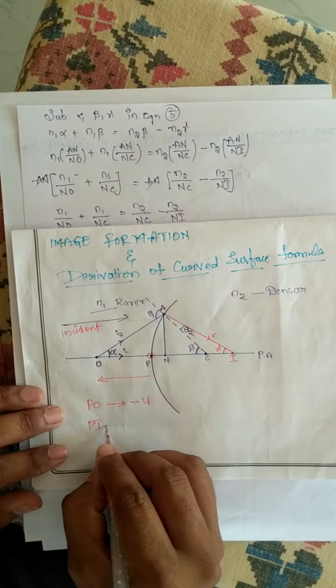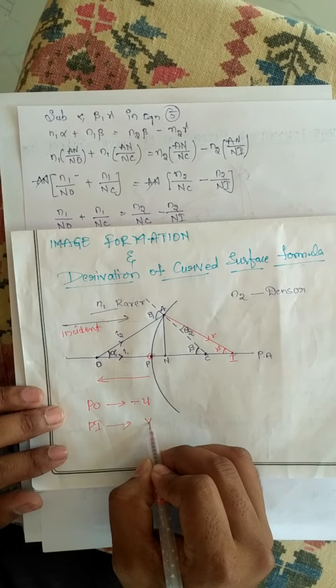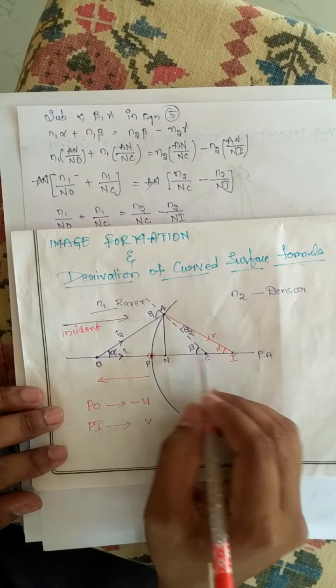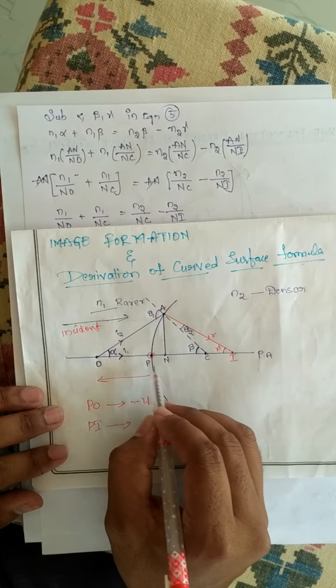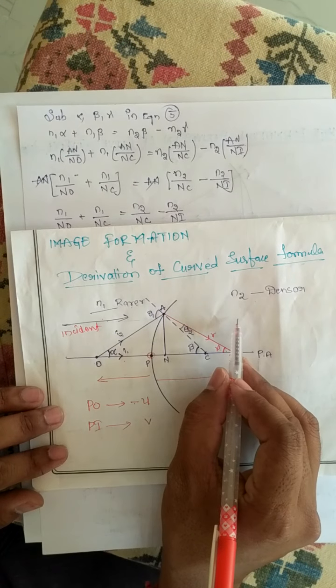Next, PI is the image distance, which is usually represented with the symbol V. As PI is in the direction of incident light, you are measuring in this direction, and the incident light is also in the same direction.